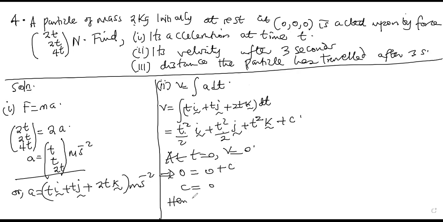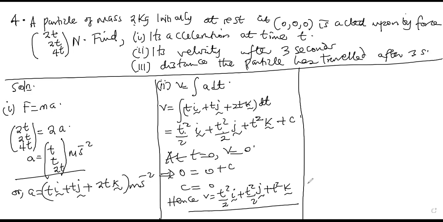Hence, our velocity is equal to t squared over 2 i plus t squared over 2 j plus t squared k plus a constant which is 0. That is it. But then they want velocity after 3 seconds.